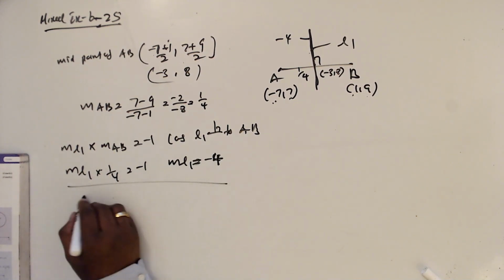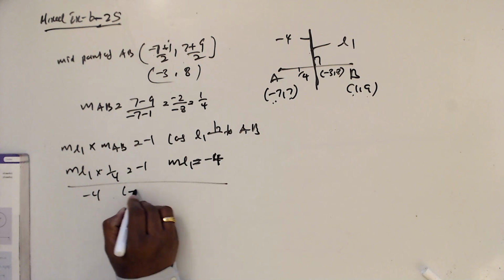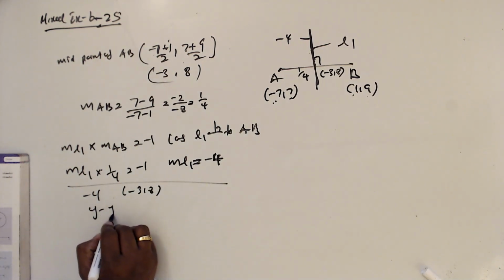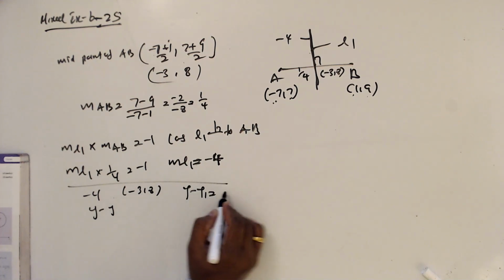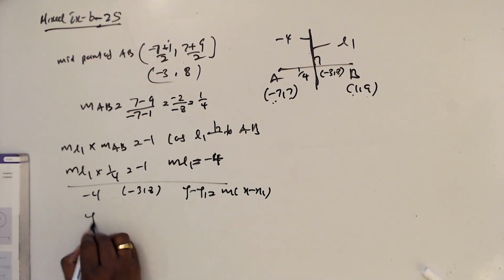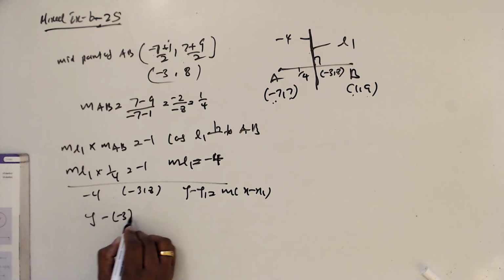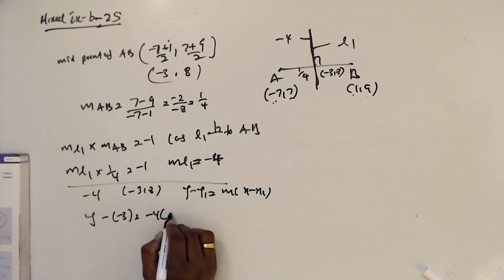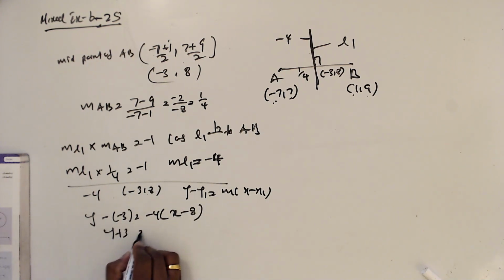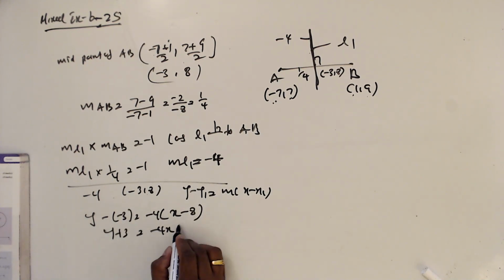I have the gradient minus 4 and the point minus 3, 8. Then the equation is y minus y1 equals m times x minus x1. So y minus minus 3 equals minus 4 times x minus 8. So y plus 3 equals minus 4x plus 32.